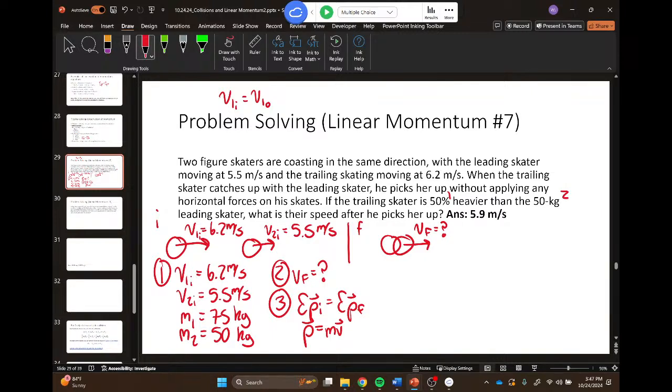Build your equation if you have not done so already. Conservation of momentum and conservation of energy are build-your-own-equation problems. Oh, and the answer's up there if you solve it, so you can check your work.